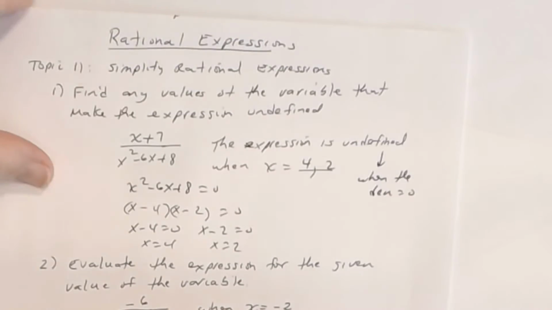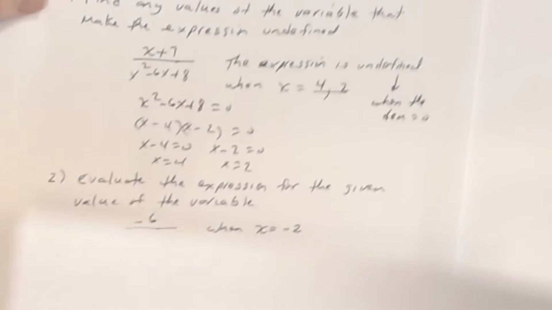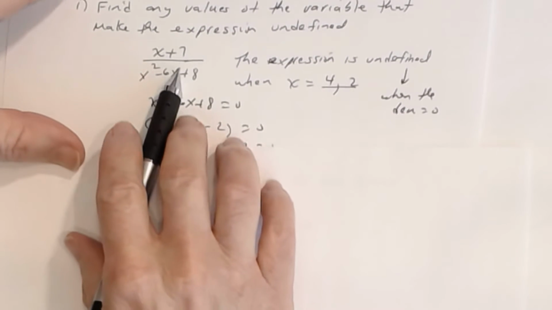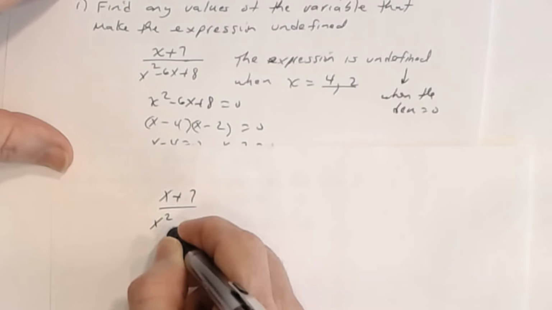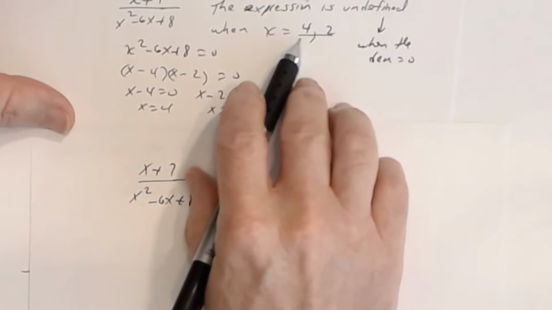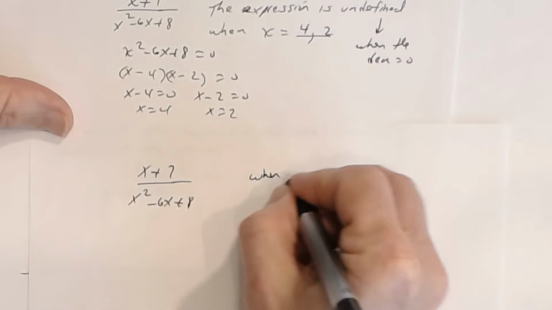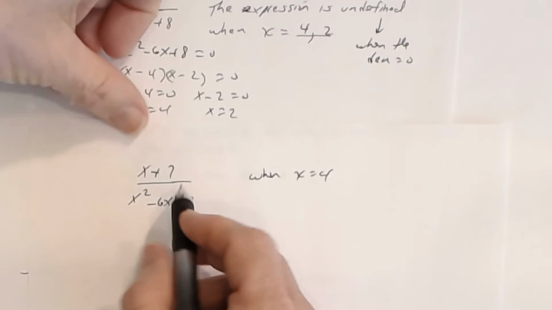Now let me kind of show you that that's true. So we have this rational expression, x plus 7 divided by x squared minus 6x plus 8. And I want to show you 4. So when x is 4, and I substitute 4 into here, I want to show you something real quick.